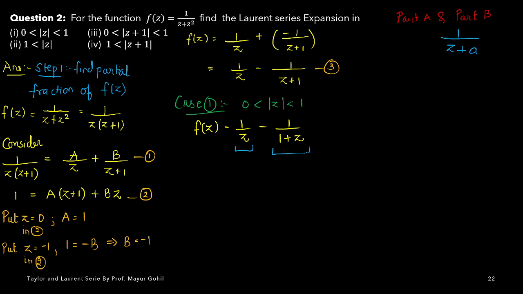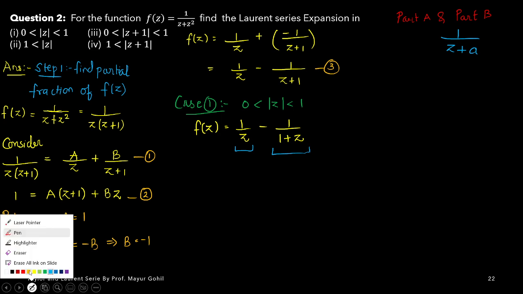If 1 upon z is there alone, there is no expansion. You can expand only in the part where you have 1 upon z plus a. This is one important thing to remember.